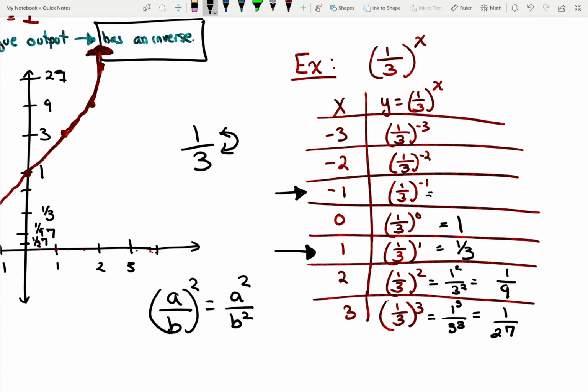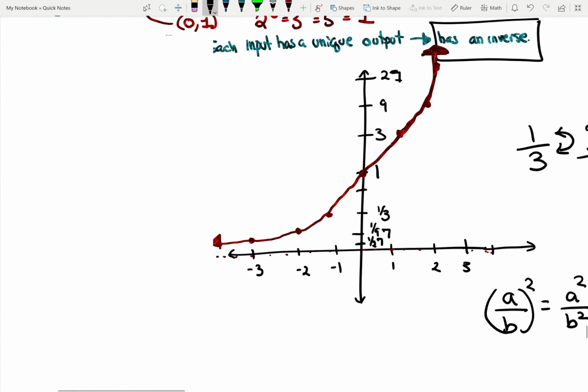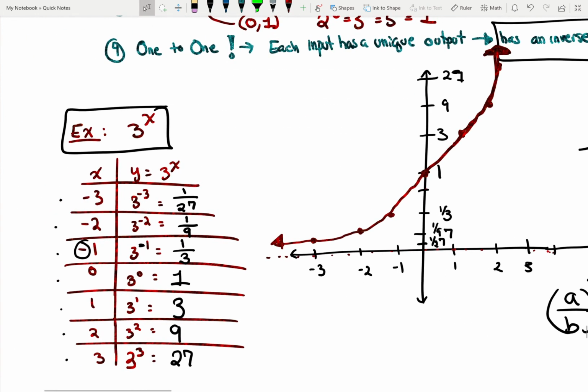But this time, because it's already in the denominator, it's going to go into the numerator. So it looks like this. I flip it because it has a negative exponent, just like how I flipped it here, right?